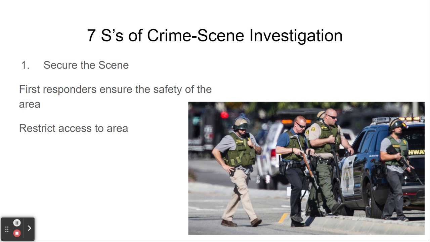They don't want to let anybody and everybody into the area, because obviously you need to be able to process that information to make sense of what's taken place. They're going to begin a log of all individuals that make their way into the crime scene. They will have a written log that documents who the individual was, what they were doing there, what time they went in, and oftentimes what time they left.